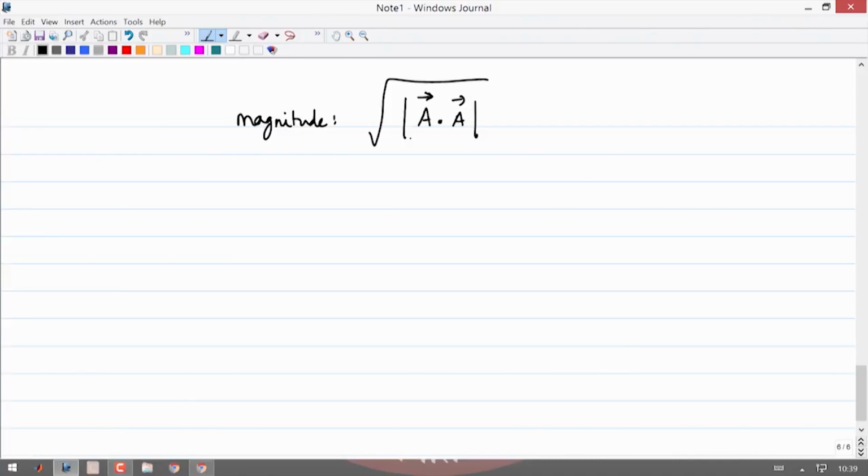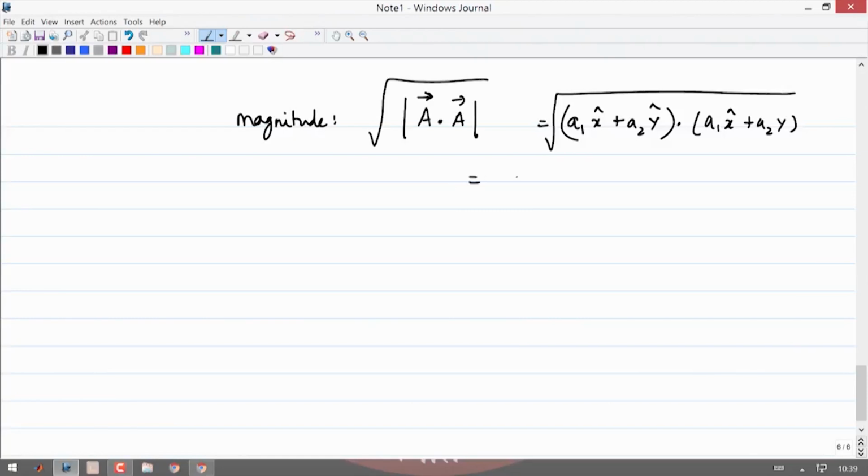A dot A gives you the square of the vector A, and therefore the magnitude of the vector A is the square root of A square, and that is also very easy to write down because you write this as A1 x plus A2 y dotted with A1 x plus A2 y, and it is a square root of it, and therefore that gives you A1 square plus A2 square under the square root.